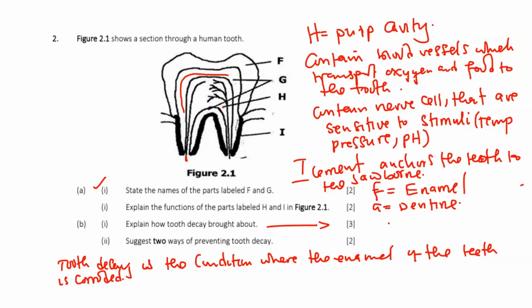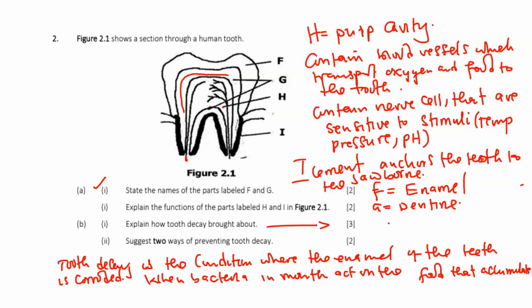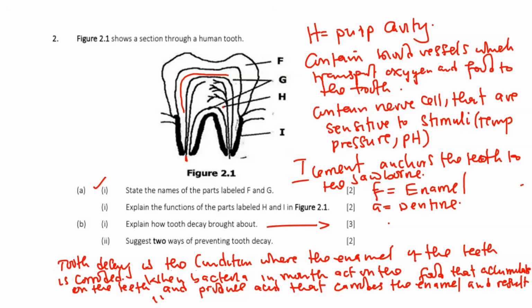How tooth decay occurs is when bacteria in the mouth act on the food that accumulates on the teeth and produce acid that corrodes the enamel and results in cavities.